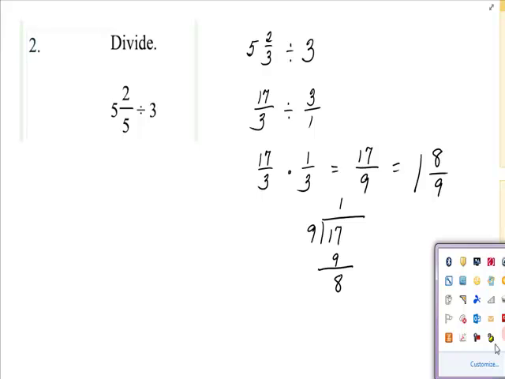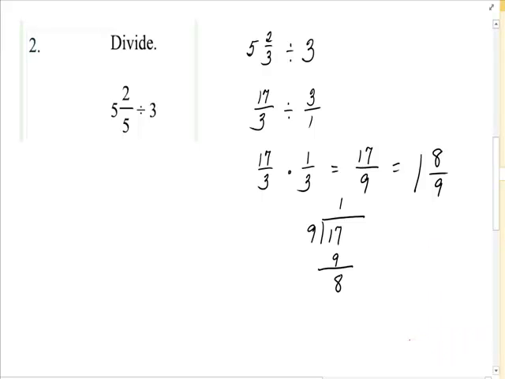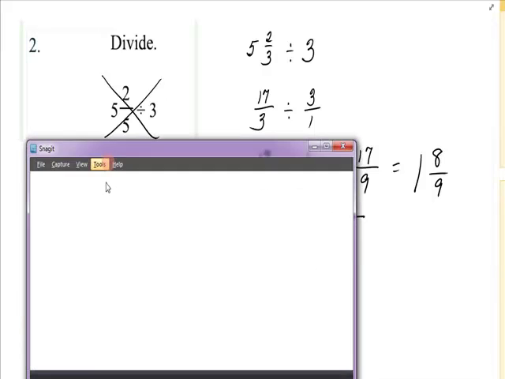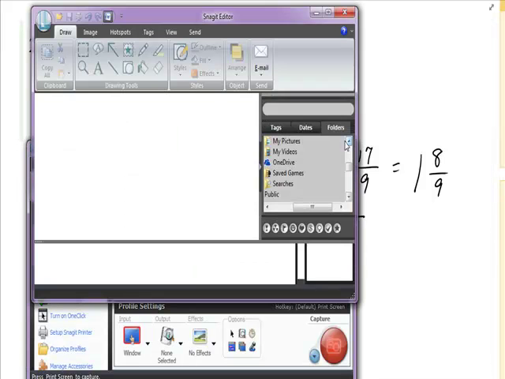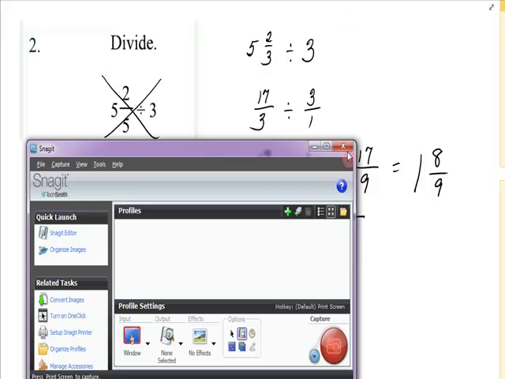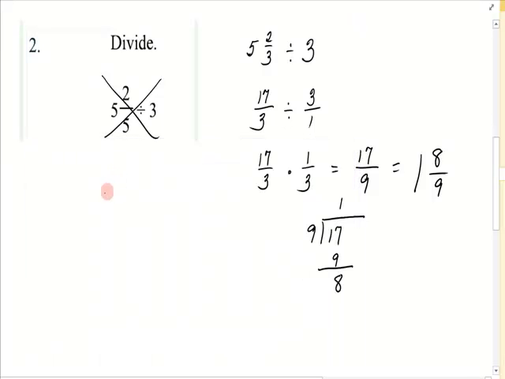All right, I have to pause this for just a moment. All right, I thought something felt wrong, and it's the fact that I did a different problem than was written down. So I miscopied the problem. So I'm just going to say, let's pretend that this problem was 5 2/3 divided by 3.